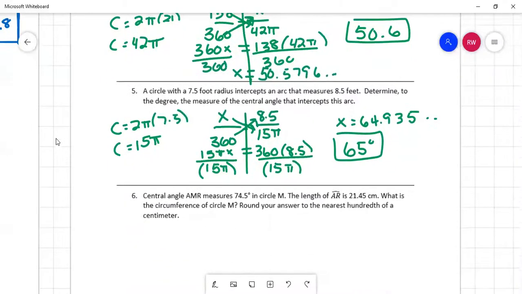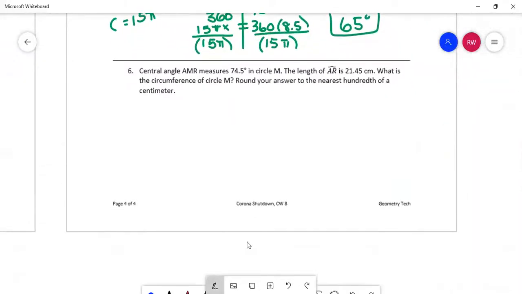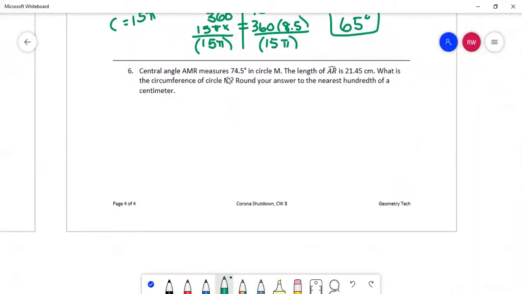All right, last problem. Central angle AMR measures 74.5 degrees in circle M. The length of arc AR is 21.45 centimeters. What is the circumference of circle M? Round your answer to the nearest hundredth of a centimeter. Remember, central angle AMR. If I was to draw a picture of this, here's my circle, isn't it a pretty good circle? Good enough.